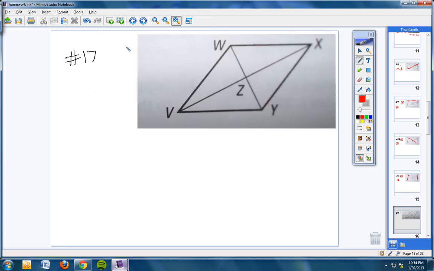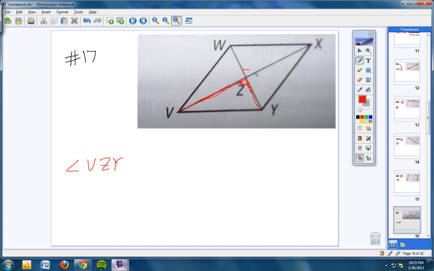Now we move on to 17 through 20. Here they want us to find congruent angles, and once again it is matching. They want us to find an angle congruent to VZY. Here's V, then we go to Z, and then to Y. So there's the angle.